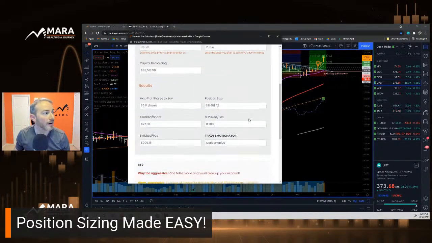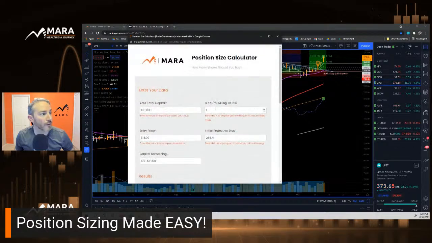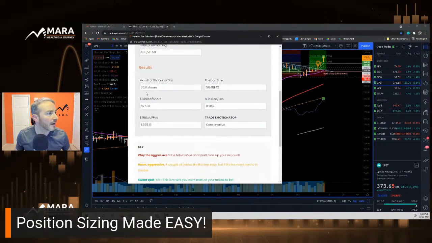Okay, great. But what's more interesting is this down here, right? It's telling you that given how much you want to risk, 1% of your capital, so you're risking a grand, you would be able to buy 36.6 shares. If you want to do fractional shares, great.